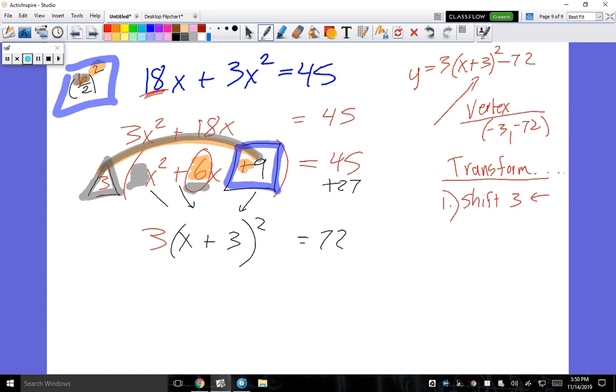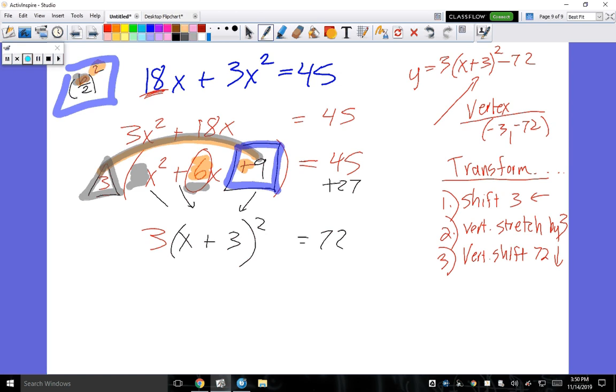I'm just abbreviating it, you would put horizontal shift 3 over to the left. Then you would do a vertical stretch by a factor of 3. And then last but not least, you would do a vertical shift 72 units down. Raise your hand if you got all those 3 in correct order.